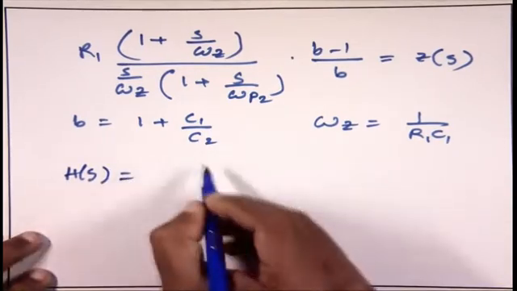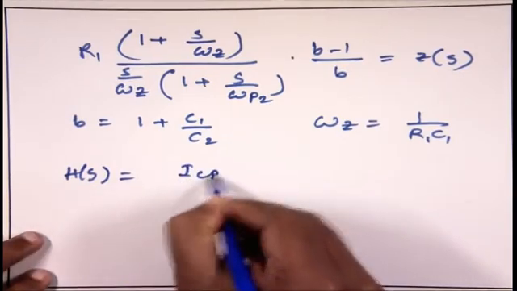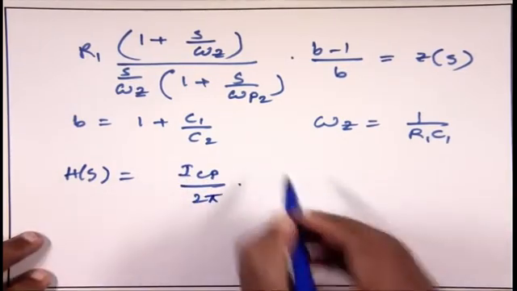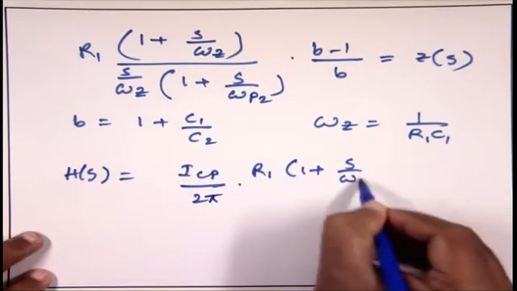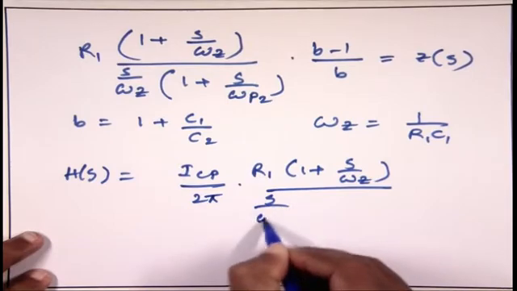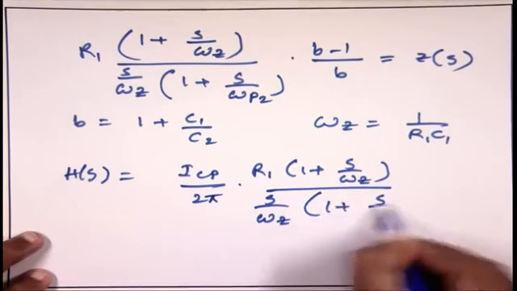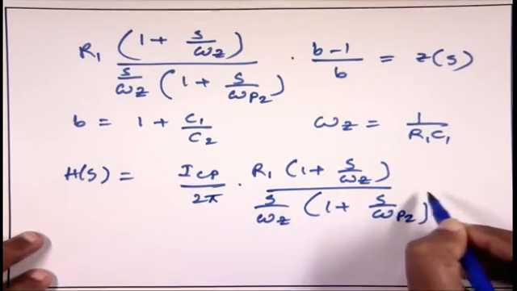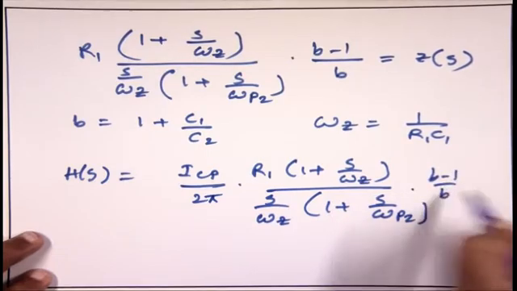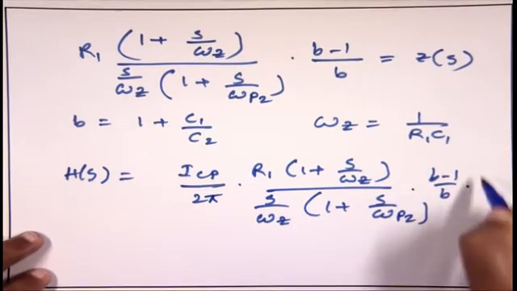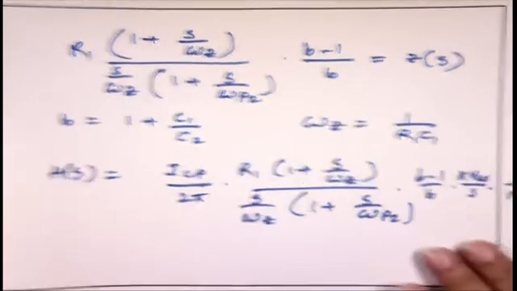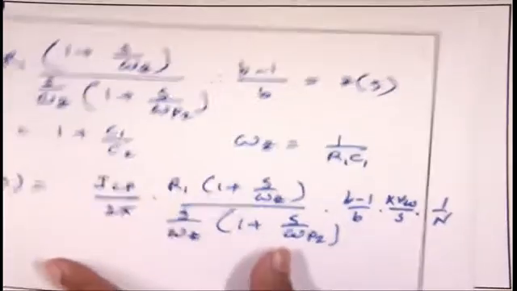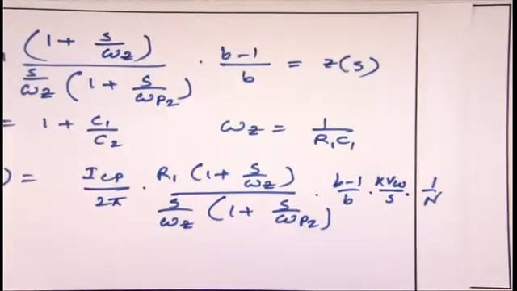It will look like ICP by twice pi and then ZS, that is R1 into (1 plus S by omega Z) by S into (1 plus S by omega P2) into B, minus 1 by B, into K VCO by S, multiplied with 1 by N, correct?